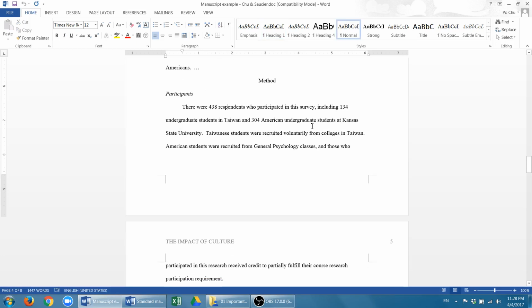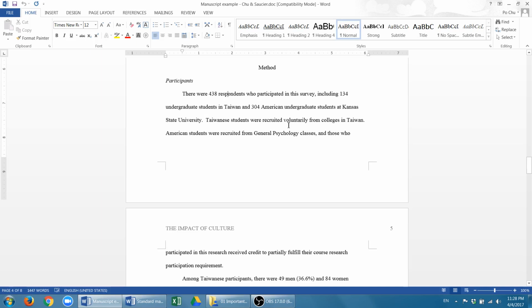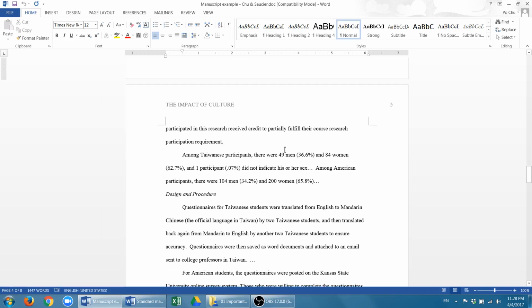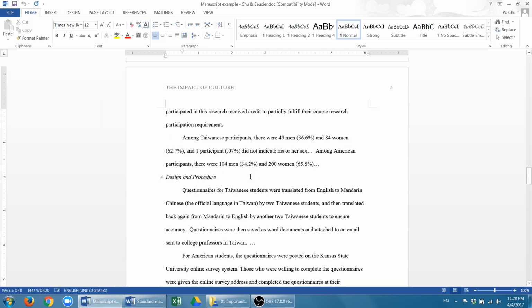And I introduced so many Taiwanese and so many American students. Usually, you will also tell people how many men and women, including the percentage. And if you have collected those data, you probably want to report their race as well. But that's about it.